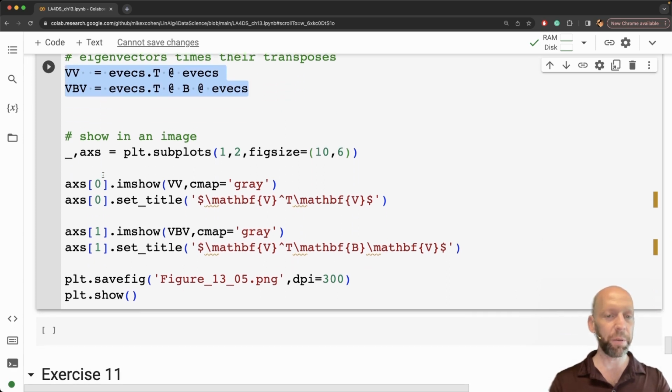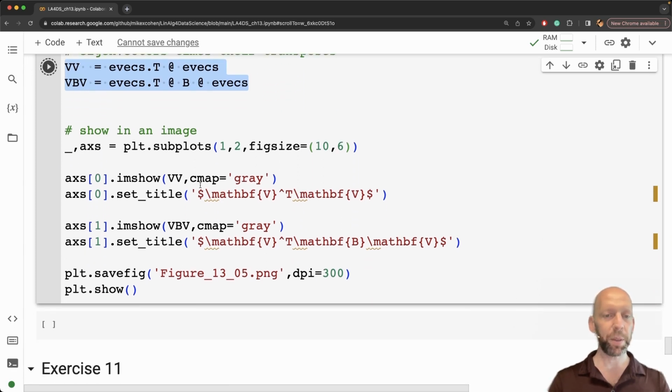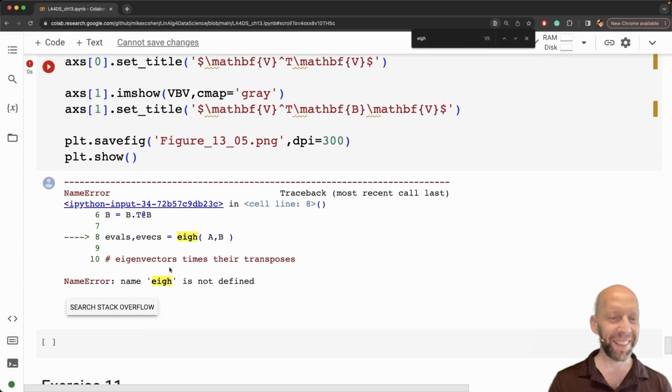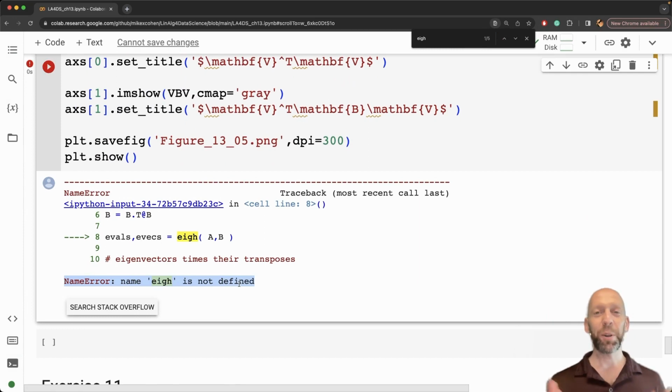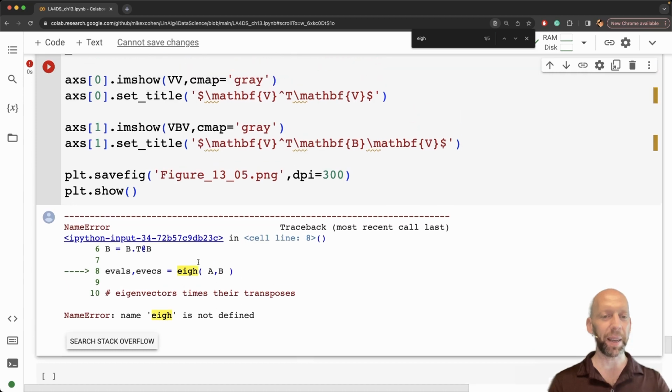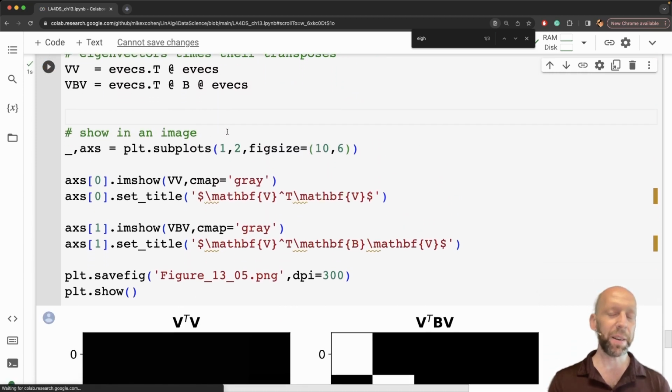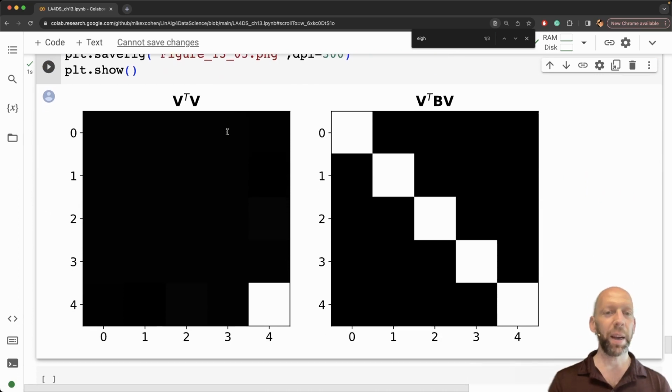Now we are just going to visualize these two matrices here. Okay, just a little error message here, because when I'm recording this, I did not run all the code from the rest of this book chapter where I imported this function. So I just ran that code to import the eigh function from scipy.linalg, and of course now this works. Now this figure over here on the right looks like the figure I showed in the book.